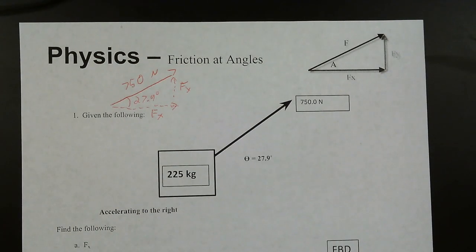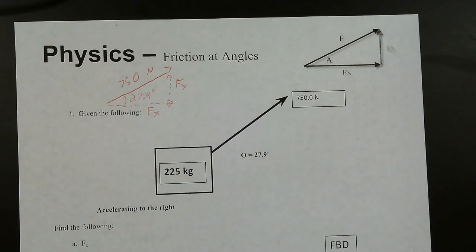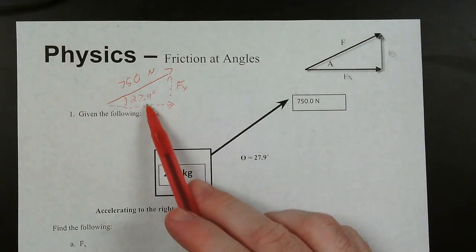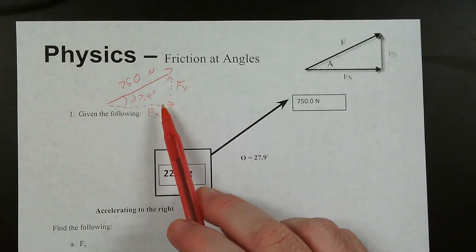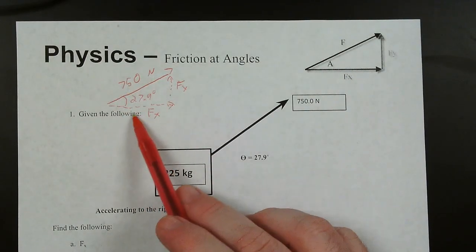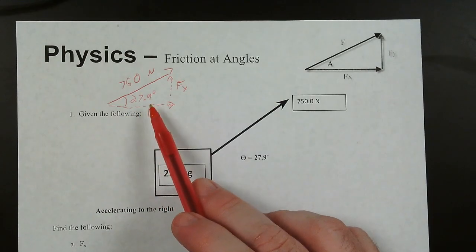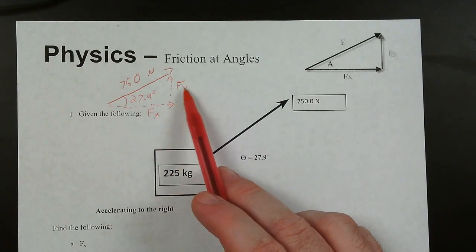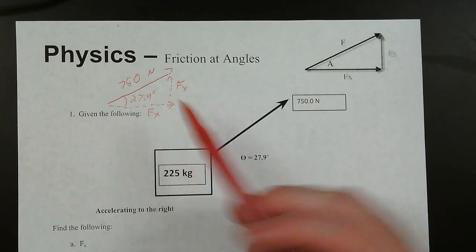So I need to find Fx and Fy. And again, we are going to do this using the sides of our triangles, but it's a little more consistent now. So this is the hypotenuse side of my triangle. The x component is my adjacent side. The Fy is the opposite side.